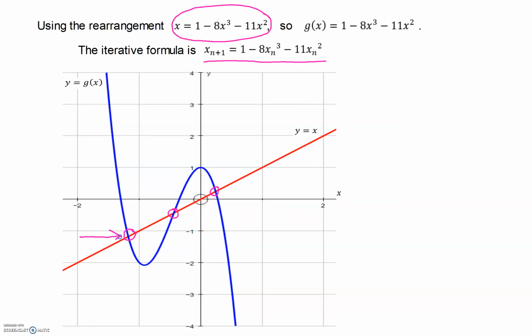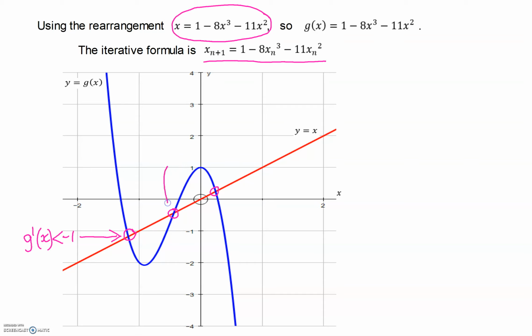You can see quite clearly that at the root in the interval -2, -1, the gradient of the curve g dashed of x is going to be less than -1. It's coming in very steeply and cutting down on the y equals x line.